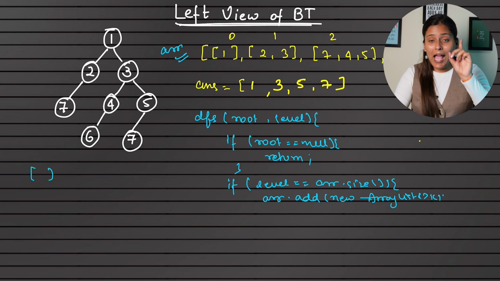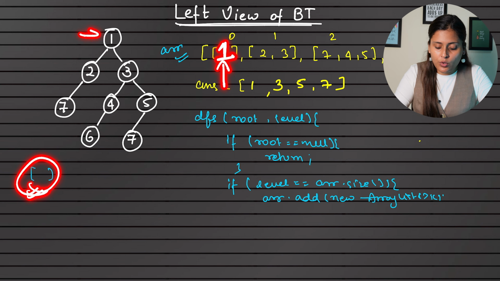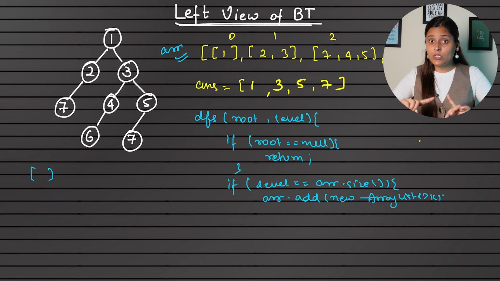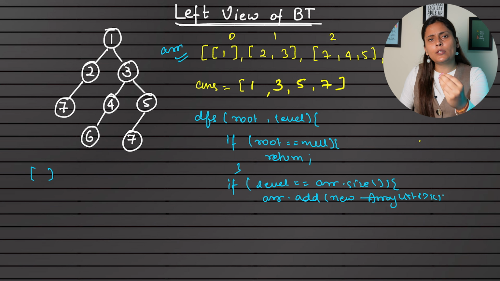Correct? And also I can say that when I went there with the very first node, which is 1, I checked that the size of the array was 0 and the level was also 0, so I decided to put an inner sublist. But this time, instead of putting the inner sublist, why not put the node value?